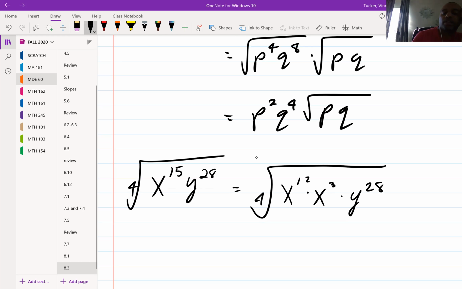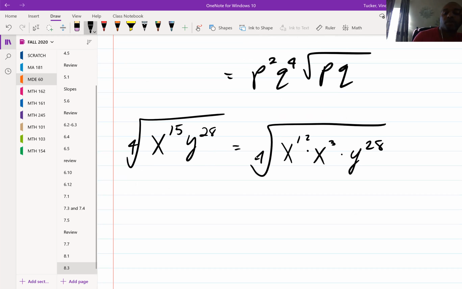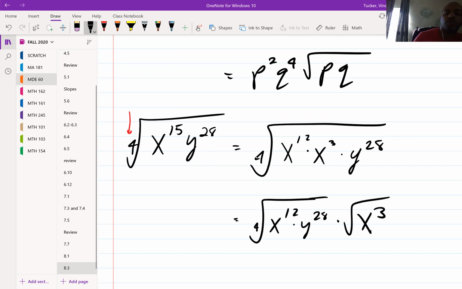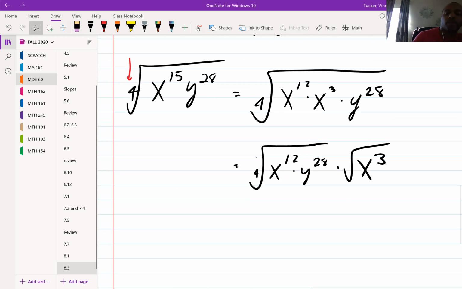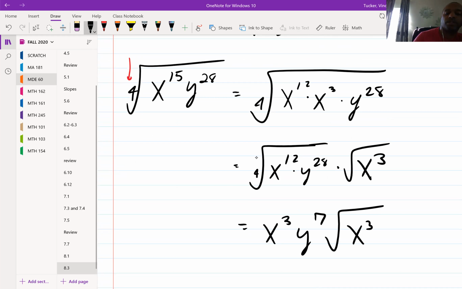The y to the 28th is divisible by 4, so I don't have to break that up. Remember, we're asking ourselves what's divisible by this number right here, 4, the index of your radical. So the 12 and the 28 goes under here, and we leave x cubed over there. Divide each exponent by 4. We have x to the 3rd, y to the 7th, and x to the 3rd under the 4th root.